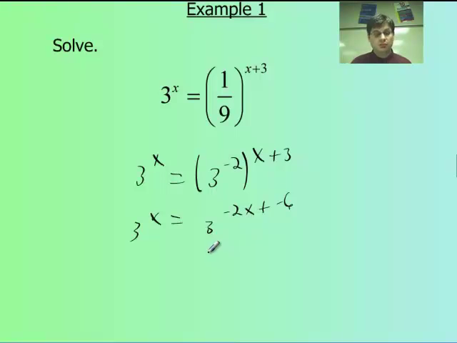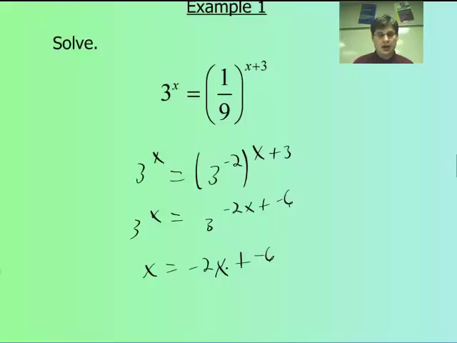And don't forget we're distributing the exponent, or distributing the negative 2 here. So that's how we got that. Now I can drop the bases at this point, so I have x equals negative 2x minus 6. And now I just solve for x.